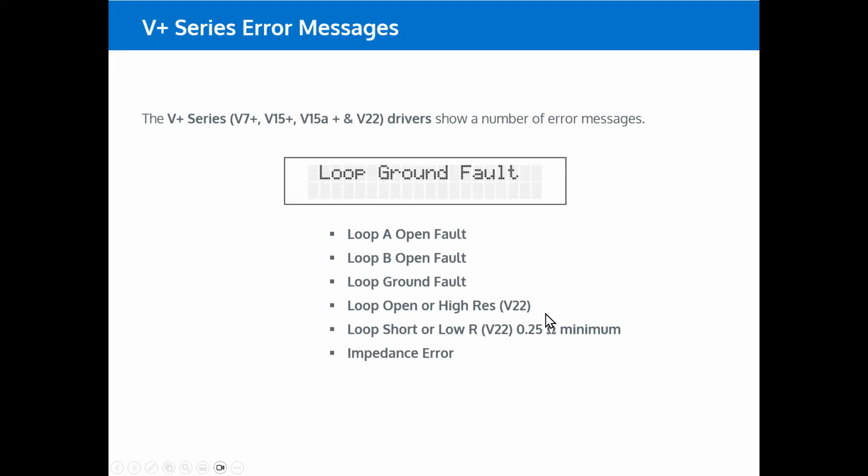So with the V22, you get this message here to indicate that again the loop is open. And when we were mentioning earlier about the vPro drivers, with the V22, if you use too short a length of loop, or the resistance is too low, i.e. below a quarter of an ohm.